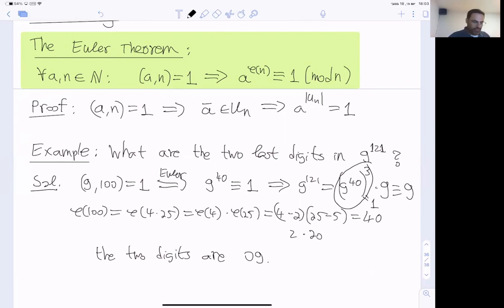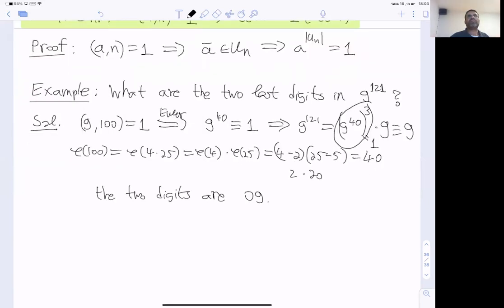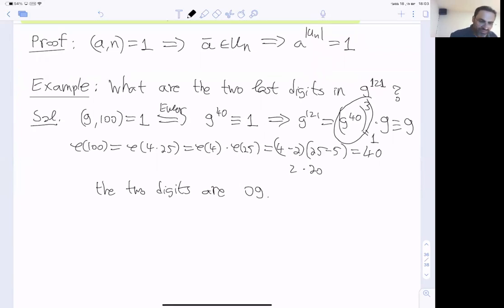Okay, now you have heard about Fermat. So this is another theorem, not the famous one. We call it the little theorem of Fermat.